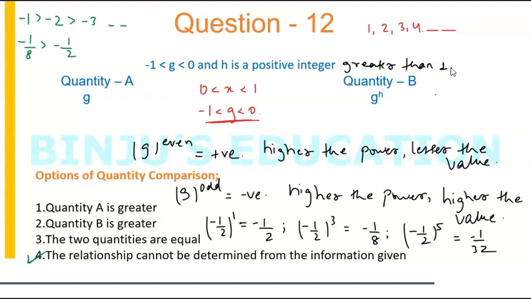And if you have an odd integer greater than 1, then also g to the power h is still greater than g. So this is the in-depth understanding of inequalities and exponents which we need in order to solve these questions comfortably.